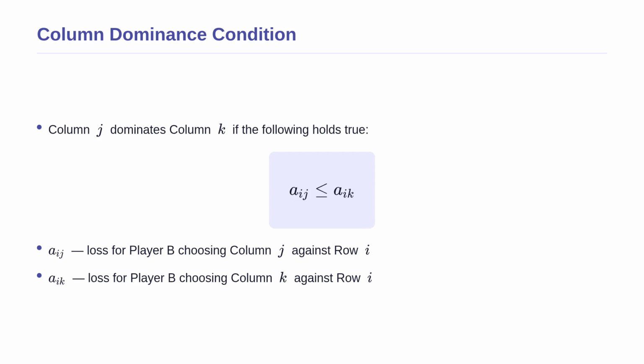Here, A_ij is the loss for player B when choosing column j, and A_ik is the loss when choosing column k. The index i represents every possible row choice made by player A. If the values in column k increase, it becomes an even worse choice for player B, making it easier to eliminate. Remember, for columns, you want the smallest numbers.